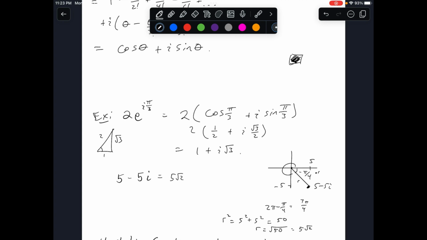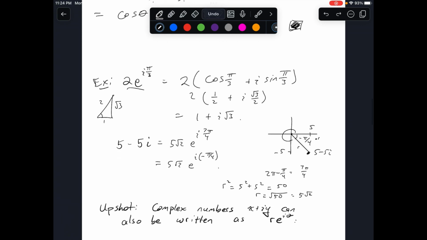And so this would be 5 root 2 times e to the i times, I guess I'll write it as 7 pi fourths. Or you could use the negative angle, e to the i times negative pi fourths. Right, so you can always convert between these two forms right here.